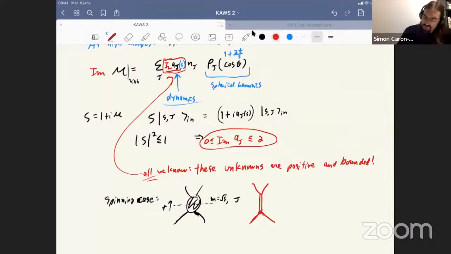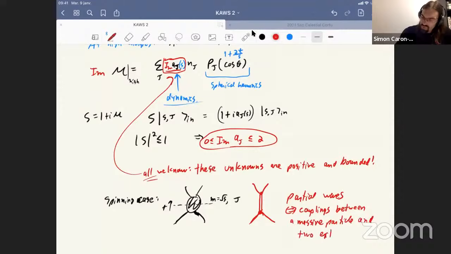So the partial waves are in one-to-one correspondence with couplings between a massive particle and 2 external ones.